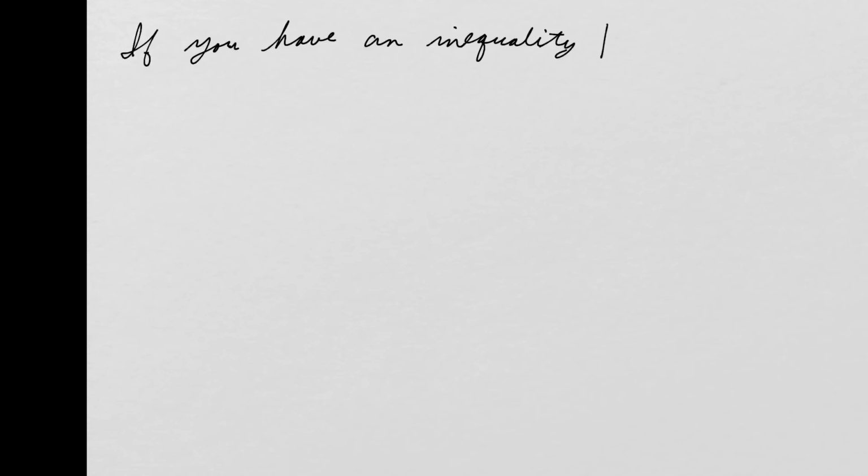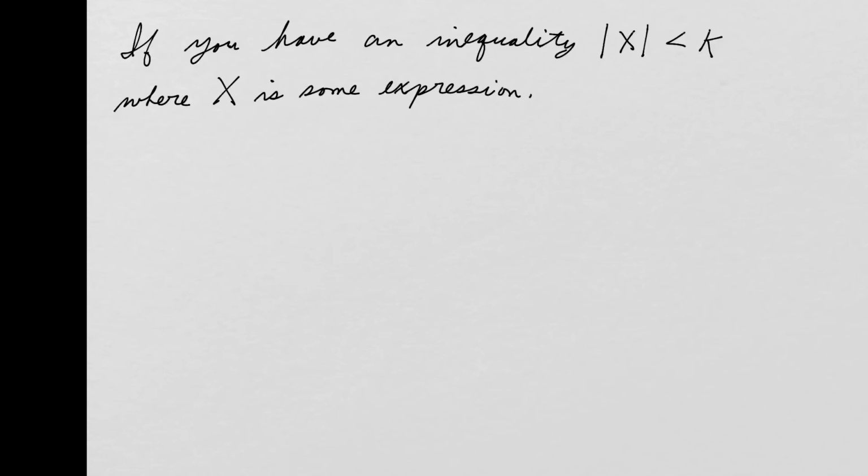So let's say we have an inequality, say absolute value of x is less than k, where x is some expression, then this means all values x whose distance from 0 are less than k.